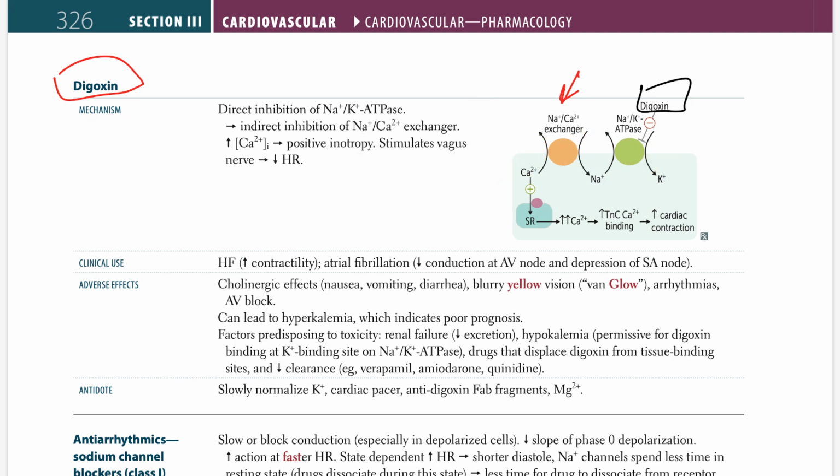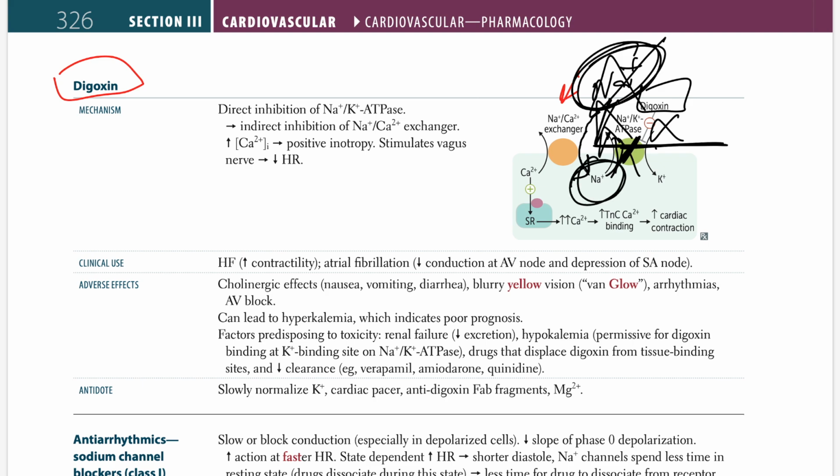So when you inhibit this sodium-potassium ATPase channel, no sodium will go out and no potassium is going to come in, right? And when no sodium goes out, there is a low concentration of sodium outside, so no sodium will be able to come back in, because there is no sodium over there. A lot of sodium is just inside.